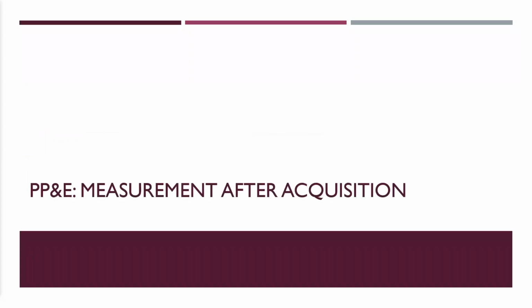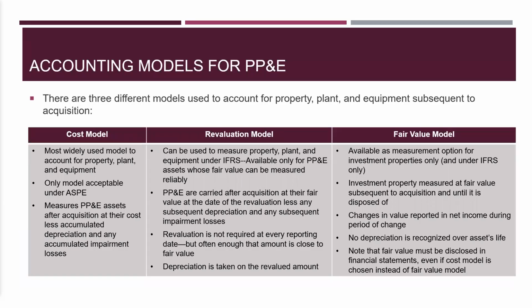Related to your property, plant, equipment, what are we going to do with the measurement after the date of acquisition of your capital asset? From the accounting standpoint, we have three different models that are available related to property, plant, and equipment measurement. One is the cost model, which is the most widely used model.